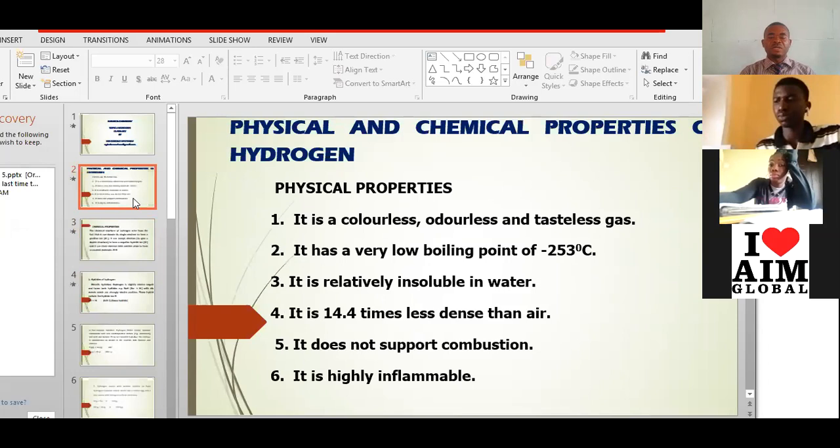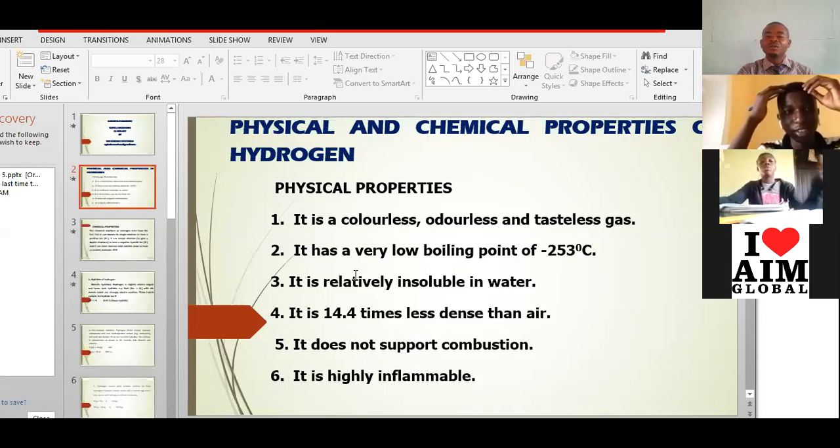See the physical properties of hydrogen displayed. Engineer Masoi, can you see it very well? Yes, sir. Okay. All right. Read out the physical properties of hydrogen on the slide for us. Yes. It is a colorless and tasteless gas. Good.